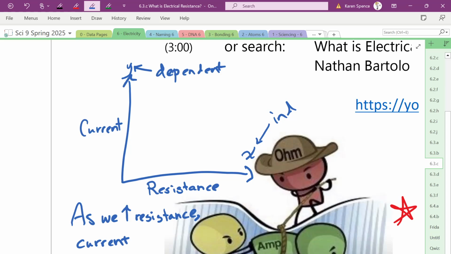As we increase resistance, what happens to the current? Does it get bigger or smaller? It gets smaller. And in fact, it gets smaller in this particular way. It does this. Okay? It starts high and it becomes lower, but it does it as a curve. Okay? It's a 1 over x function if you're into that sort of thing.